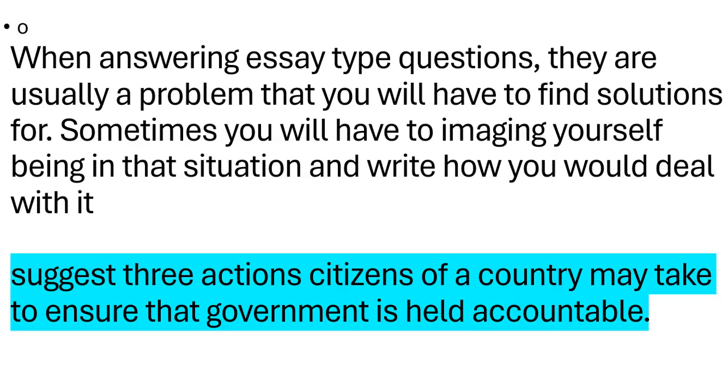Sometimes you'll have to move away from what you are taught in class and put yourself in the real world. Make some real life connections in order to answer these essay type questions. So don't be in the exam, writing your essay, trying to come up with solutions, trying to remember what the teacher said.